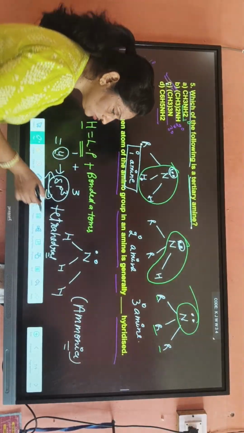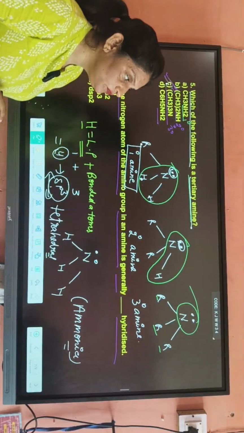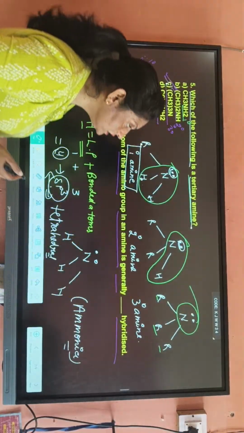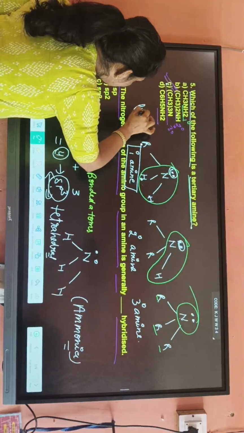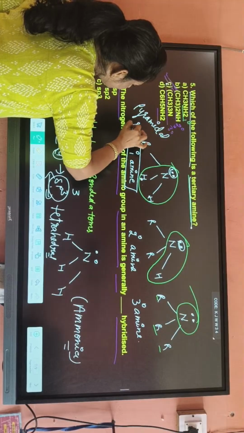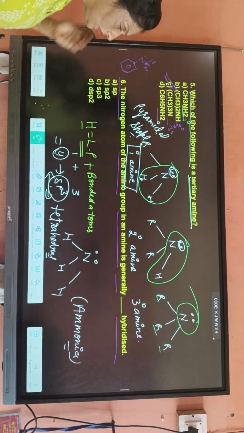In ammonia it is 107, but in tertiary it is around 108 degrees. Then their shape is pyramidal.